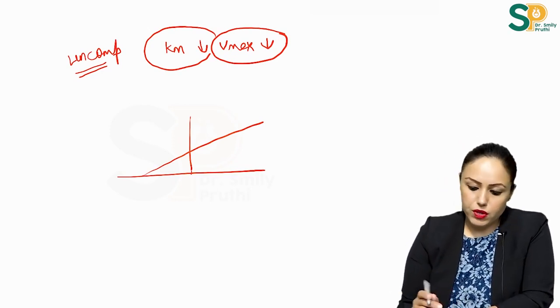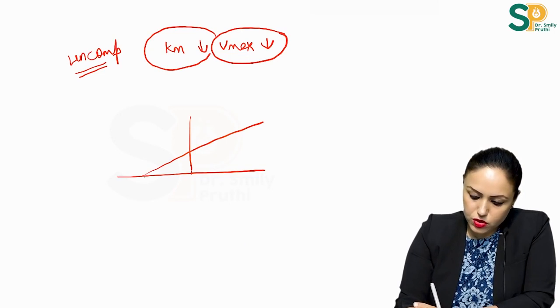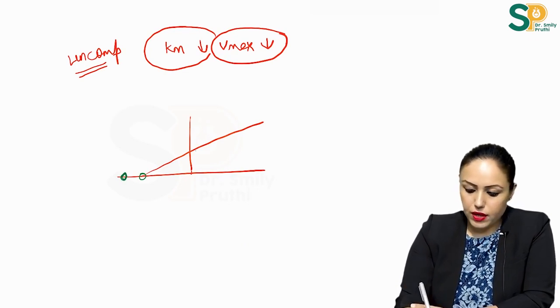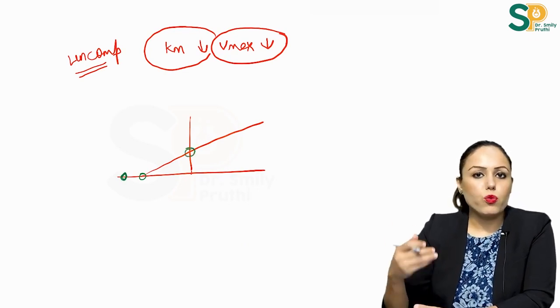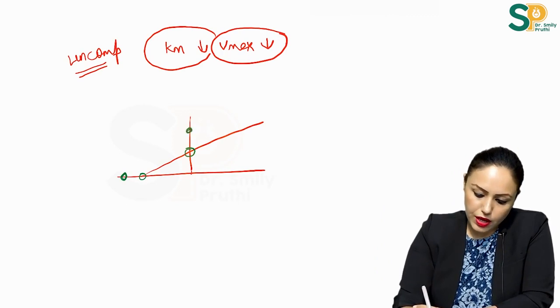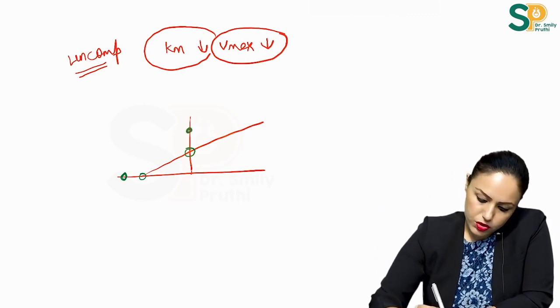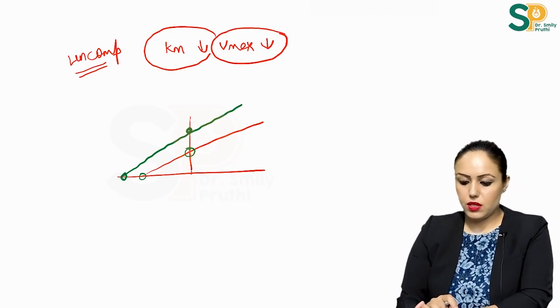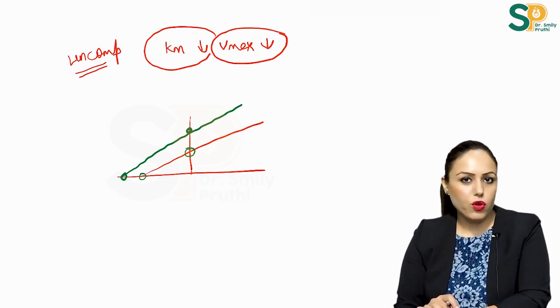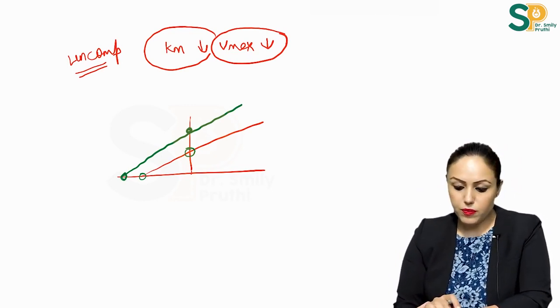In case of uncompetitive inhibitor, Km is decreased. So this is normal Km, and towards the left side it will be decreased, right? And this is normal velocity. Towards the upper side, it will be decreased as it is reciprocal. So join these 2 points. This will be the graph in case of uncompetitive inhibition, right?